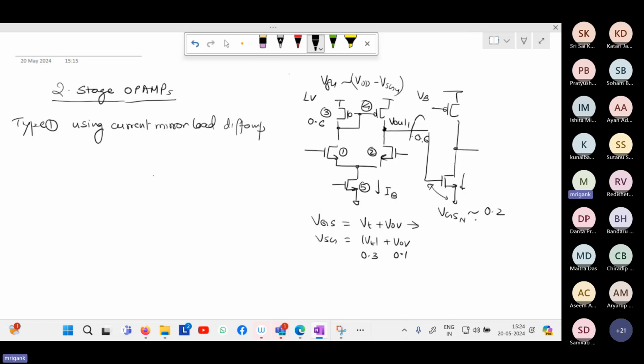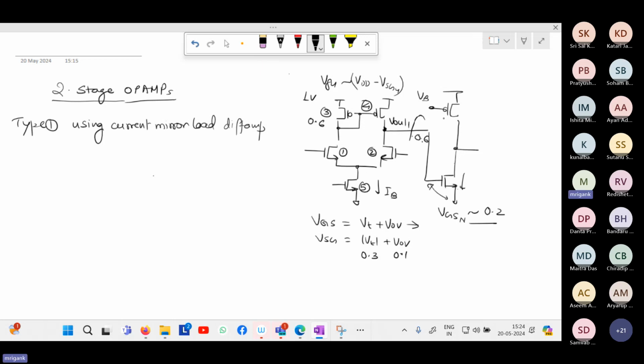There is no direct relation between the overdrive voltage of the NMOS over here and the overdrive voltage of the NMOS in the other stage, like M5 over here. So definitely, first of all, it is leading to a higher overdrive voltage.